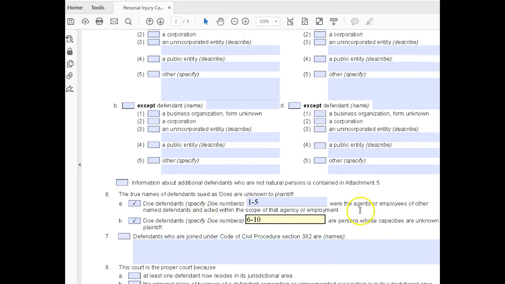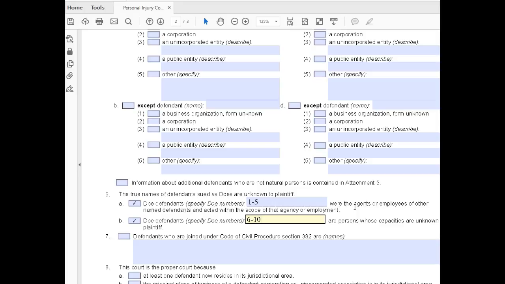Because what can happen here is it's possible that someone was the agent for the person that we are trying to hold liable, and that might make it so we can get the principal or the employer involved in having to pay the bill for whatever it is.